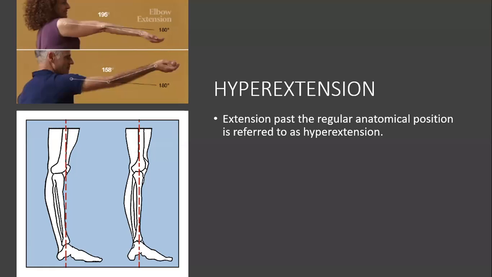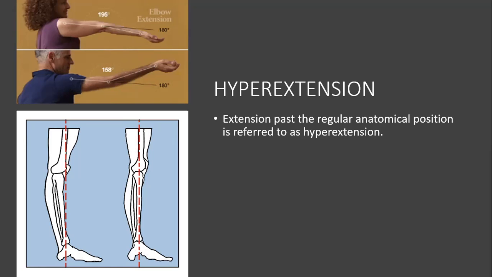If you take a look at the top picture, the lady there, the normal range of motion is 0 or 180 degrees. Well, if you notice, her hand is really underneath her arm there. It kind of goes straight and then down. That is a hyperextended elbow.